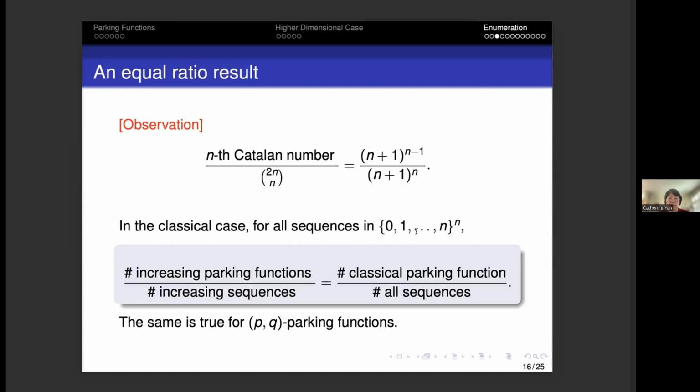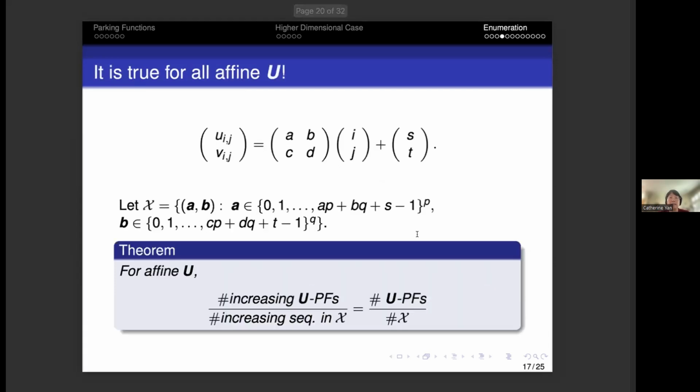The same result is also observed for PQ parking functions. But with the formulas we have, we got that such a result holds for all affine cases. So you take the affine weight, then for the integer sequences A and B, think of all the pairs where A is a sequence of length P with terms coming from 0 up to this value, and B is defined similarly.